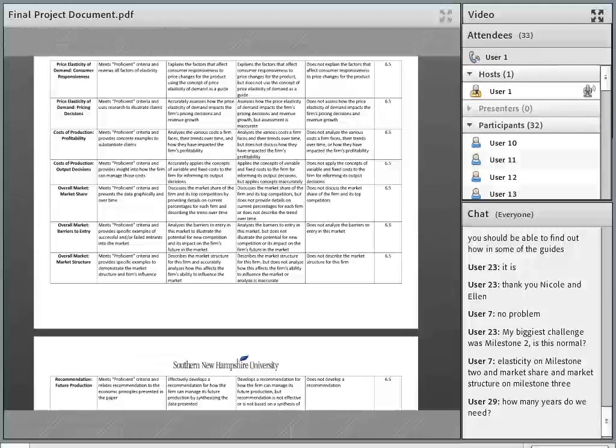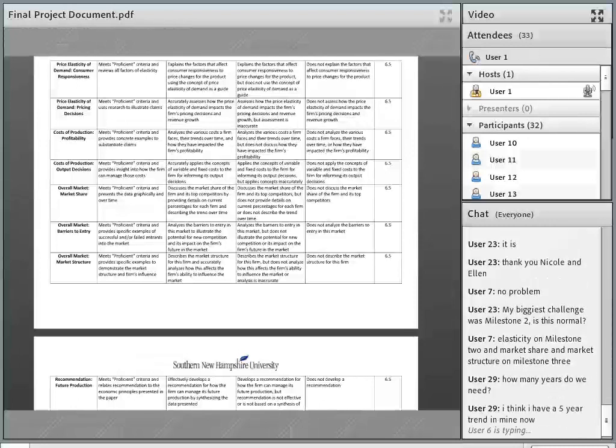So Jim, obviously the more years you can get, the better. Something like the auto industry is very easy to get annual data on market share because it's very well researched. It's going to be more difficult in other industries. If you can get 2 years, you can at least show a movement. If you give me 2016 and 2014, I can see a trajectory, or even 2015 and 2016.